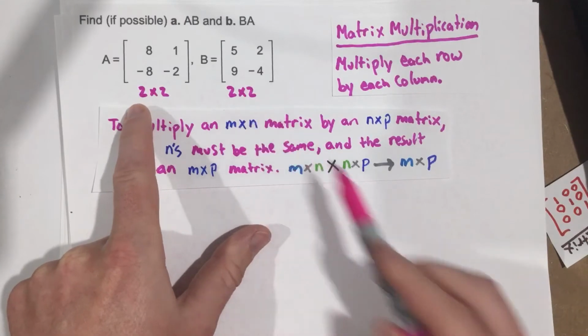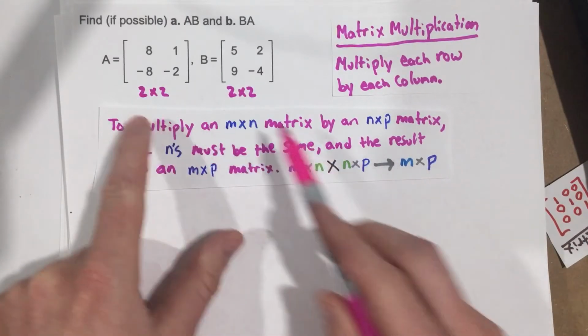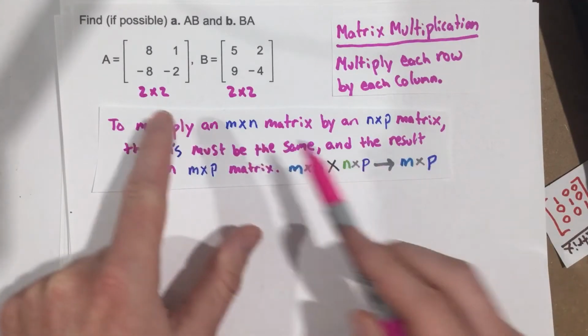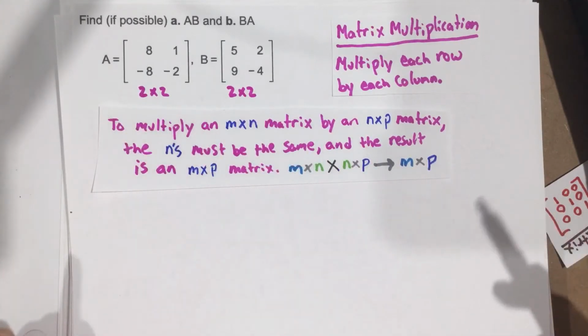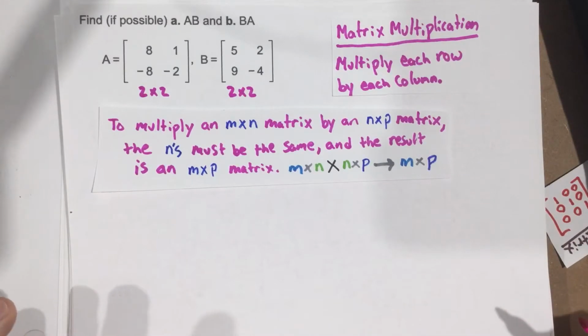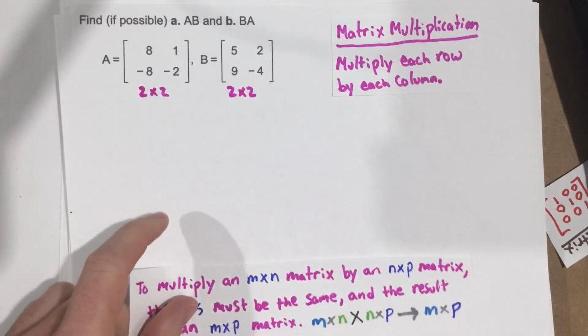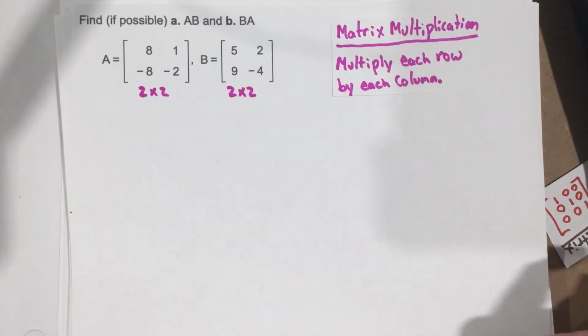And the outside two numbers, the m and the p, tell you the dimensions of your new matrix. So when we multiply a 2 by 2 by a 2 by 2, it's no wonder that it's a 2 by 2 for a result. But when you do this with other matrices like 3 by 2s and 2 by 3s, sometimes you'll get a matrix size that you weren't expecting. In this case, we're doing a 2 by 2 by a 2 by 2, so we'll end up with a 2 by 2 as a result.